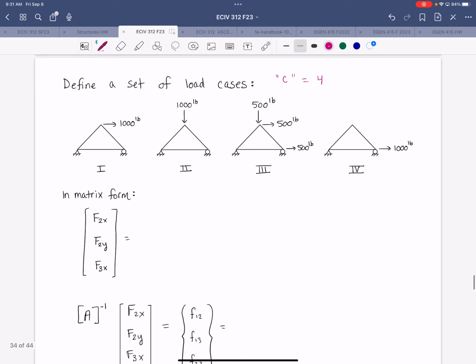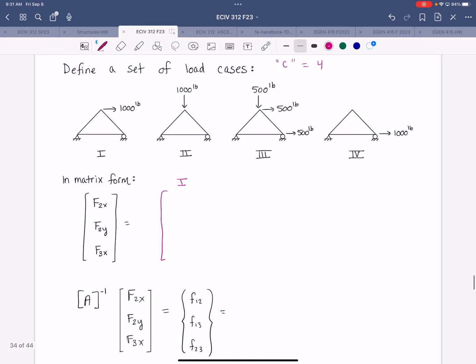These are the known applied forces, and I'm going to label each column according to the load case. So the first load case, we have F2x is positive 1,000, and then there are no forces applied anywhere else, so the other 2 are going to be 0.